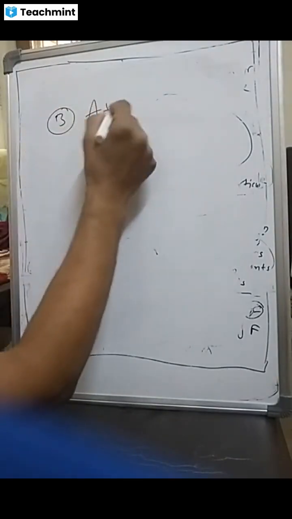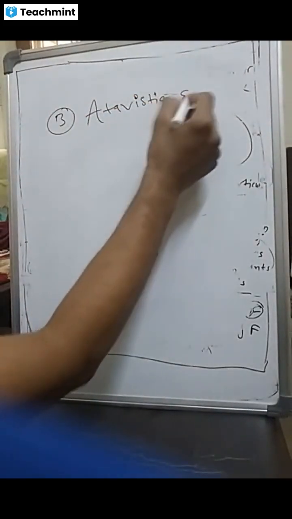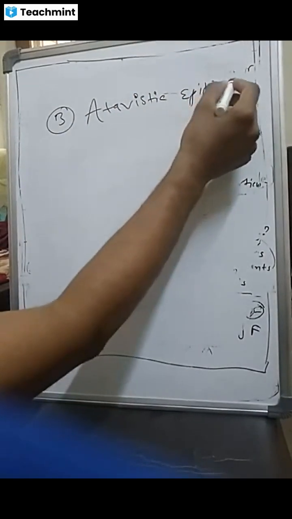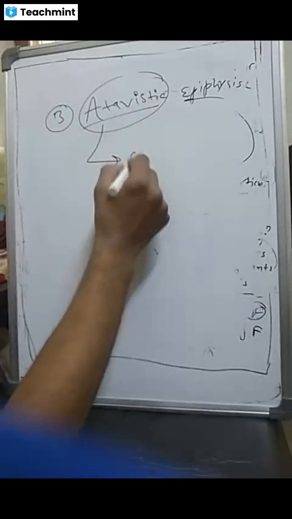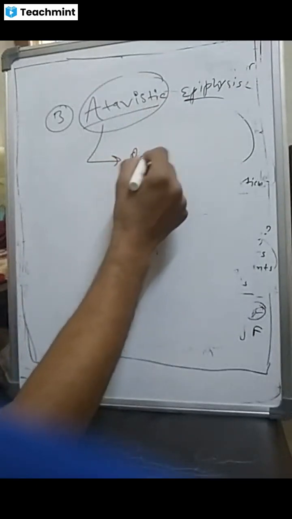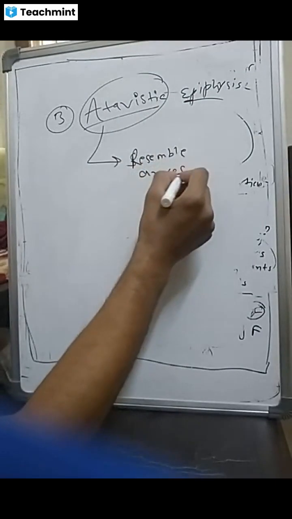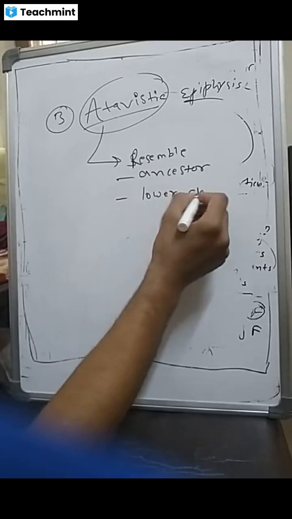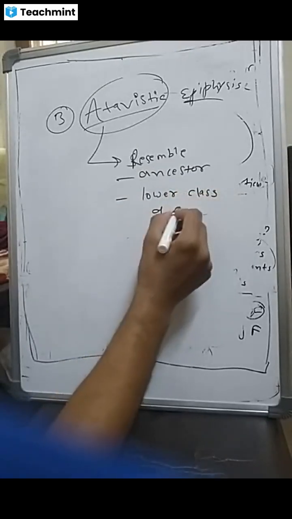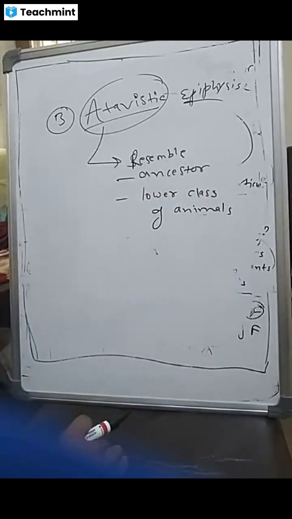Number three, that is the atavistic epiphysis. Atavistic means something which resembles your ancestor or resembles a lower class of animal.